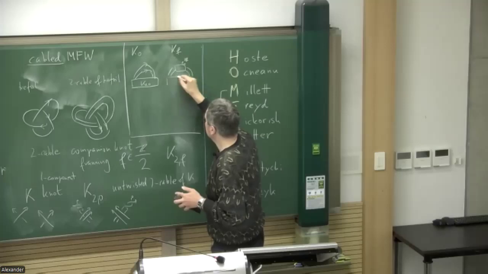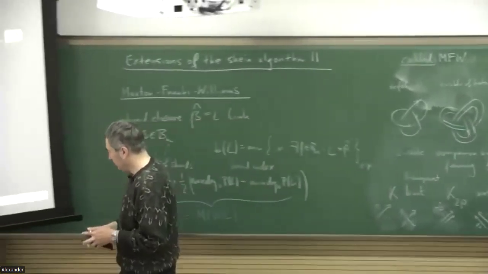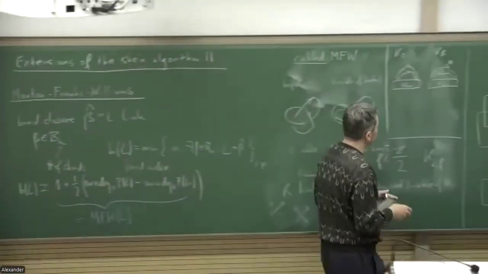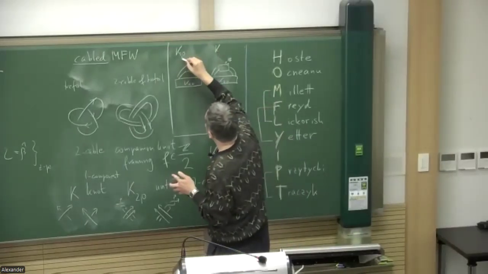So you add extra twists at one point. Again, where you put them doesn't matter because you can slide them around. So this is how you get K_{2,F}.